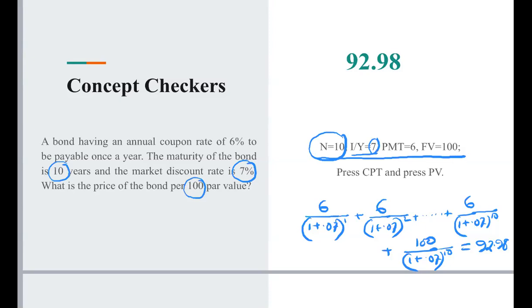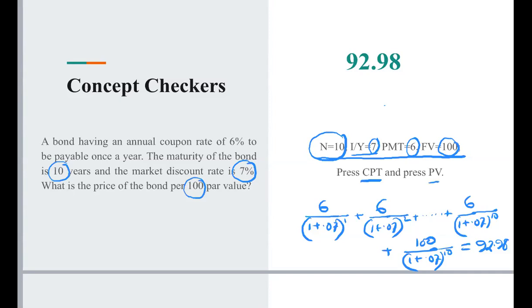Never put 0.07. You have to use 7 for 7%. PMT is 6, which is the annual coupon payment, and future value is 100. Once we give all the inputs in our calculator, we have to press CPT, which means compute, and then we have to press PV.